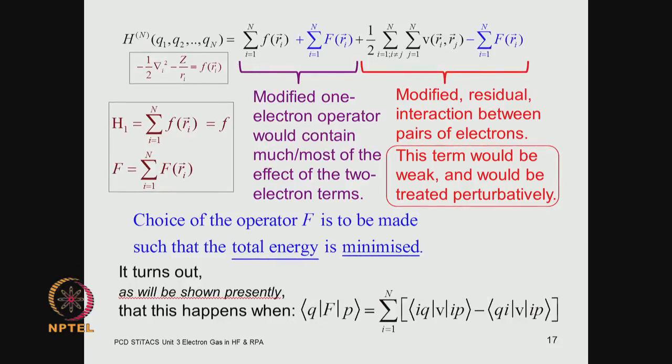Now, it turns out, and that is what we are going to show shortly in this class, that the operator which will minimize this concurrently will be such that the matrix element of f in the Slater determinants q and p, in which q has got one state different from the previous one, is given by the expression on the right hand side. Let me show you that particular determinant.